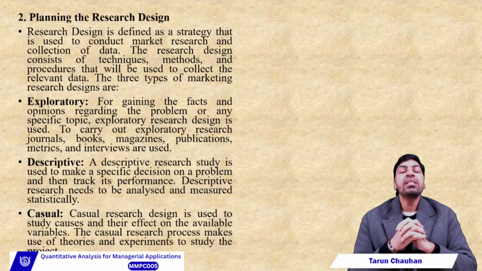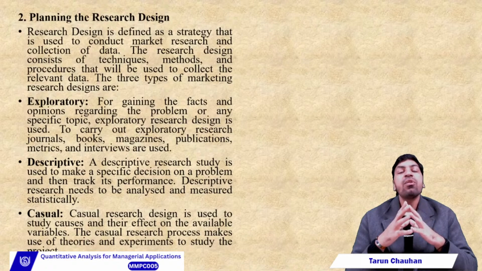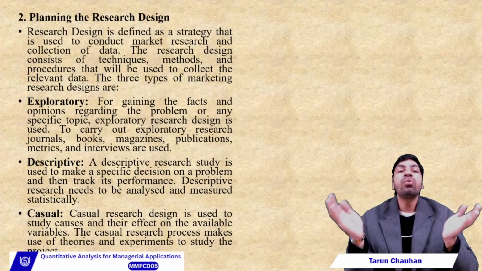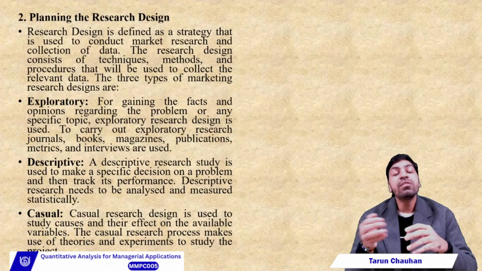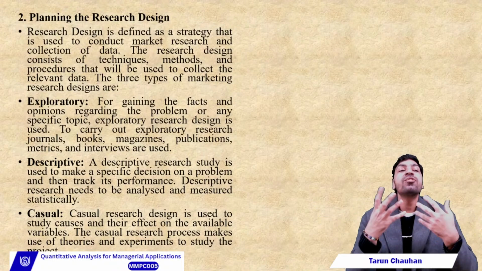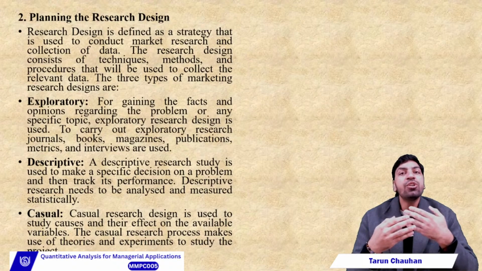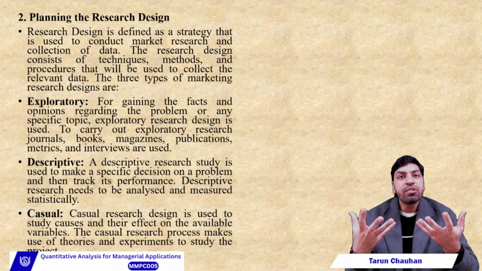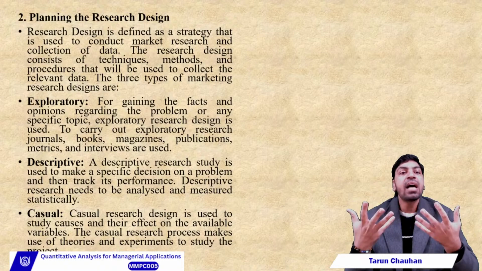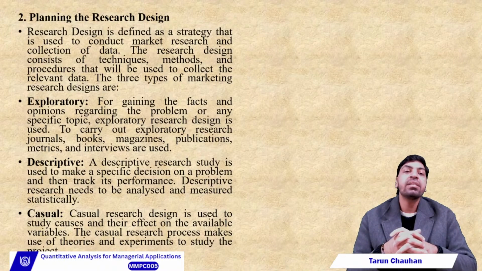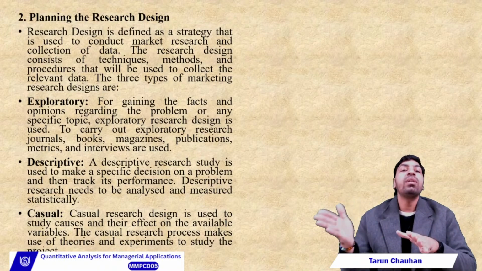The next stage, the second stage, is planning the research design. In the normal sense, the research design is an overall blueprint of the whole study. Or in other words, it is termed as a strategy, which is mainly used to conduct the market research or to collect the data from the various respondents selected for a particular study.